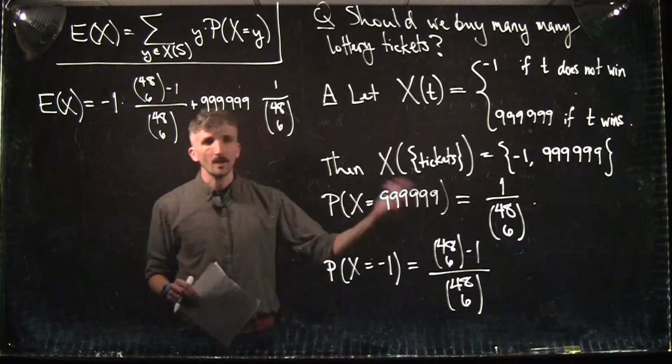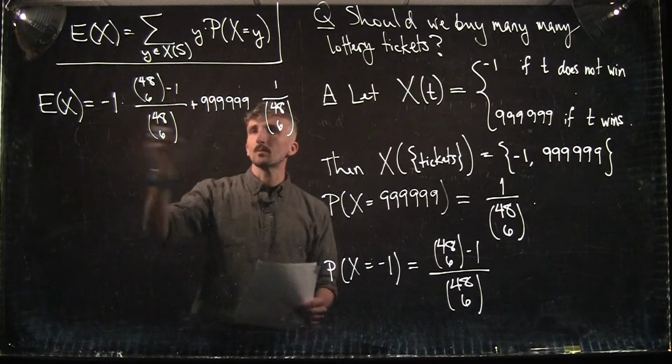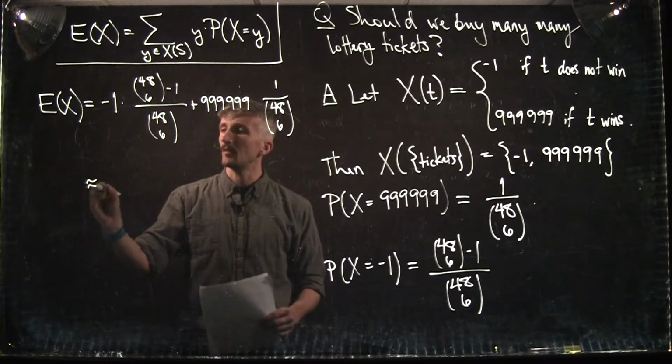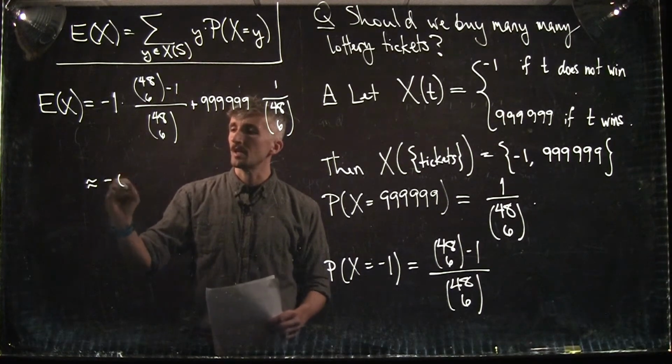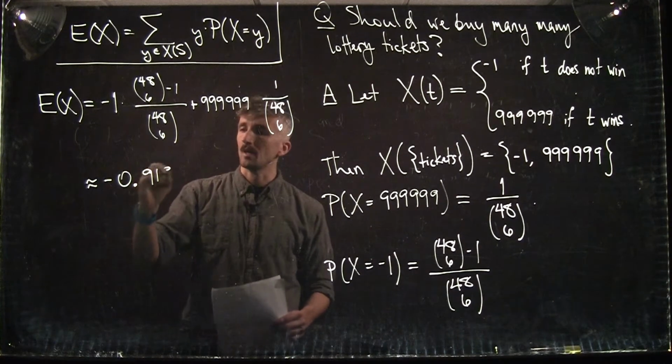Okay, if we grab our calculator or computer, we can produce a decimal approximation of this number, and it's approximately -0.918.